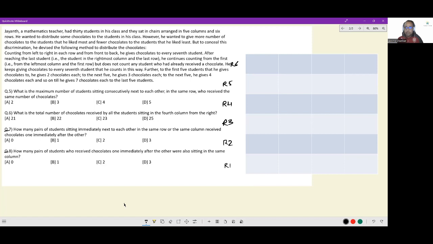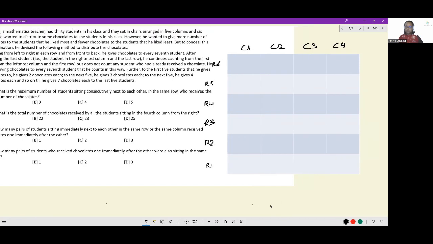And this is row 6. This is column 1, column 2, column 3, column 4. And I have messed up. I should have included one more column. But we can do that now. Let us make this column 5. Okay, we'll manage.